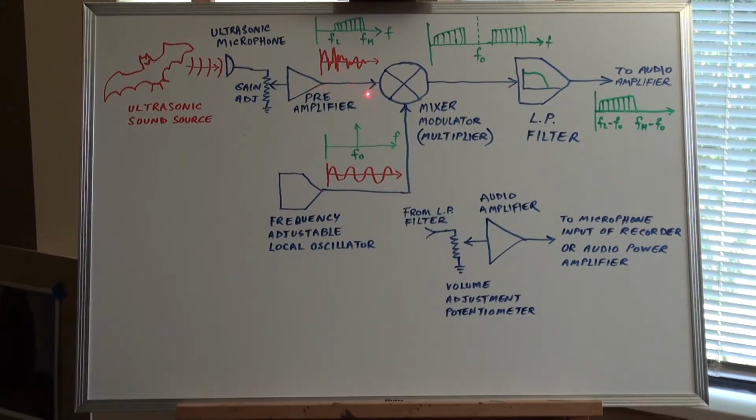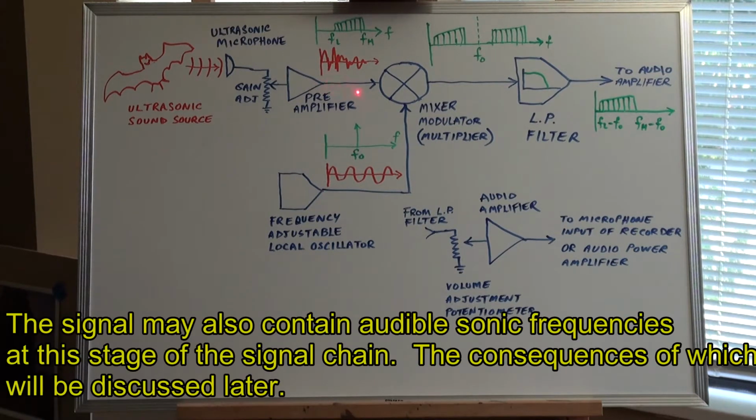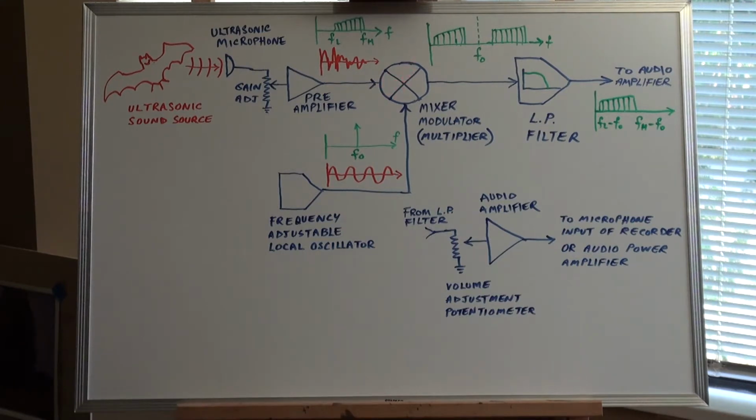Signal from the preamplifier, sound signal, which is generally in the ultrasonic range, is fed into a mixer modulator, i.e. multiplier. Second input is the local oscillator, and the output of the mixer modulator is basically a sum frequency spectrum and a difference frequency spectrum.